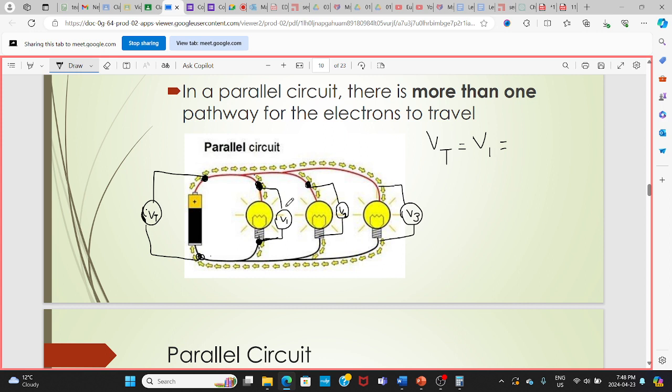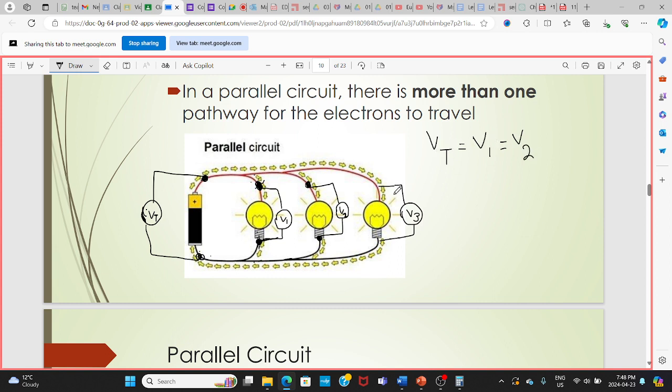Same here. This point you can connect with this end without any interruption. So these two points are the same as the points across the battery, or the same as across the first light bulb, since they can be connected without any interruptions. So I can say that V total is equal to V1 equal to V2.